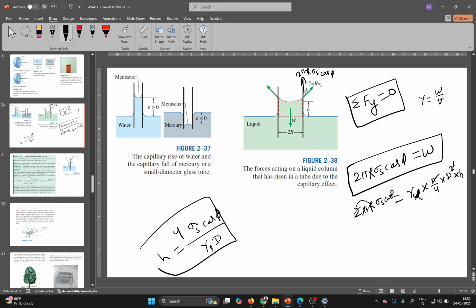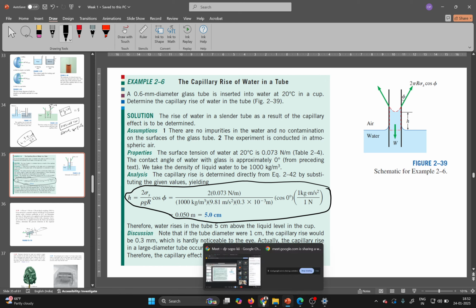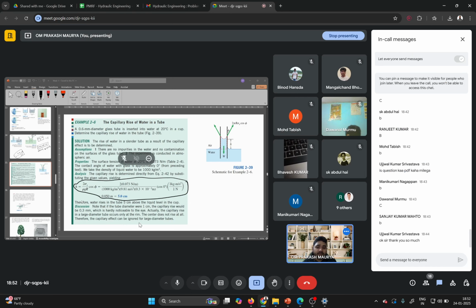So this is the formula of capillary rise in the tube. Based on that, we have one question of capillary rise. You can take a screenshot of this question if you are using mobile or computer or laptop. Now we'll move on to the next question.